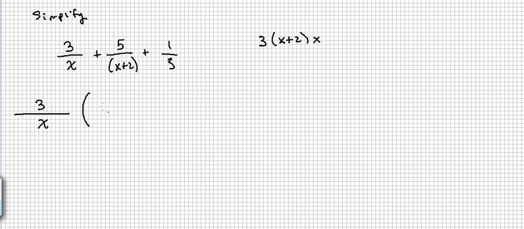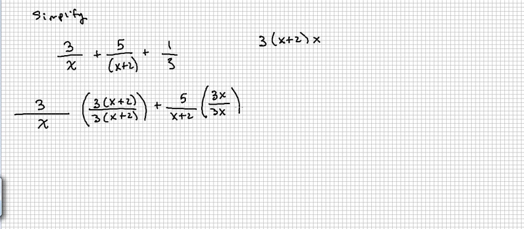So 3 times x plus 2 plus 5 over x plus 2. So this one needs to be by 3x plus 1/3. And this one gets x plus 2 times x, x plus 2 times x.